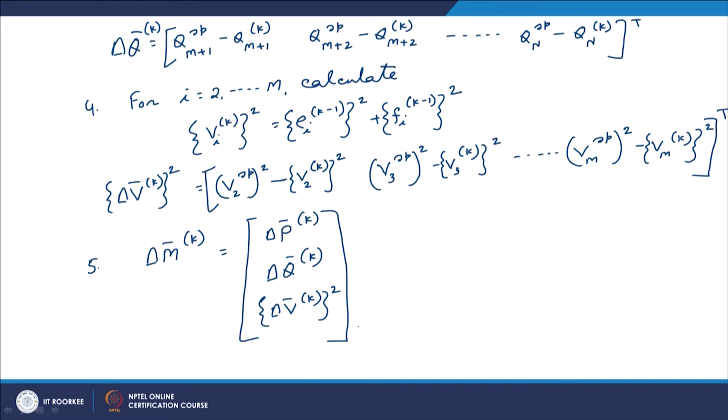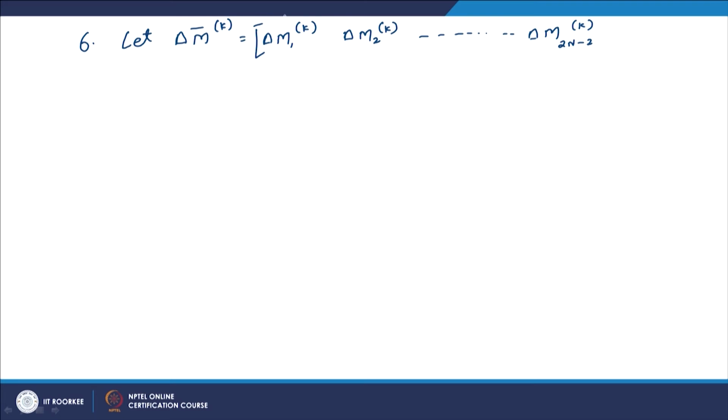We know that the dimension of this vector is 2n minus 2 cross 1. So we can say let the delta m k vector be given by delta m1 k, delta m2 k, all these components taken together, delta m 2n minus 2 k, transpose.